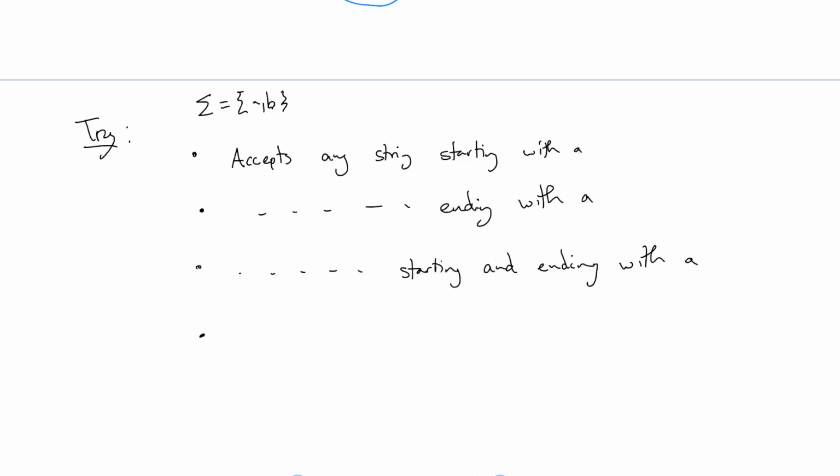And then the last one, any string starting or ending with A. That's what I want. All right, see what you think. I will walk around and see how you're doing. Each time your answer should just be a diagram.